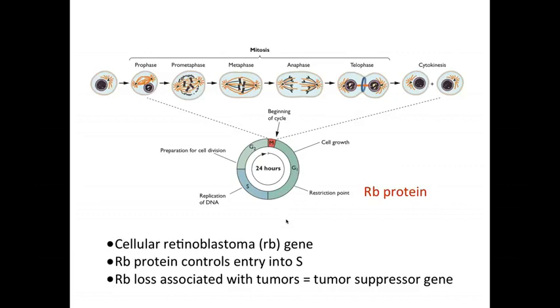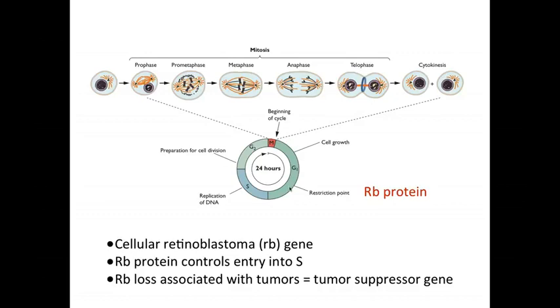As I said before, most of our cells are not replicating either at all or very rarely. And to do that, you have to control this cycle. And there are many ways that this is controlled, but there are some very important regulators of cell growth, and many of them act here at this restriction point.